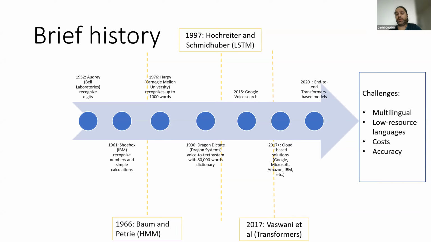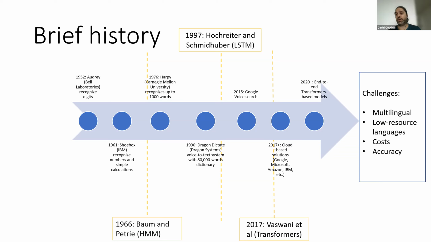What we are more familiar with are the most recent advances, which are made mostly by the big tech companies. We have Google Voice Search, for example, which was already using much more complex models based on neural networks. That was a big improvement in terms of accuracy of ASR systems.